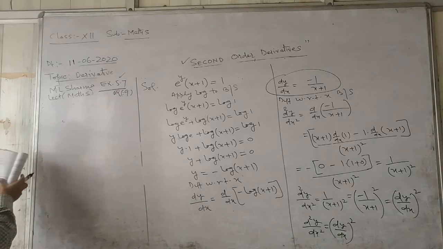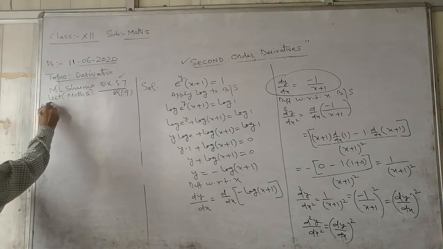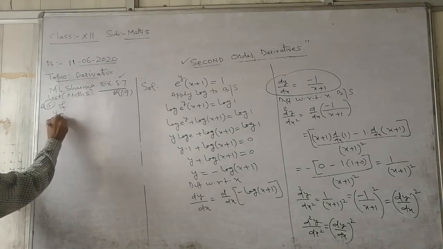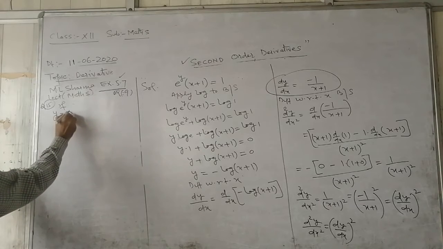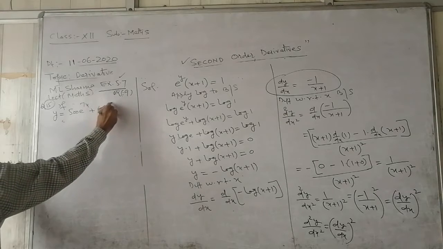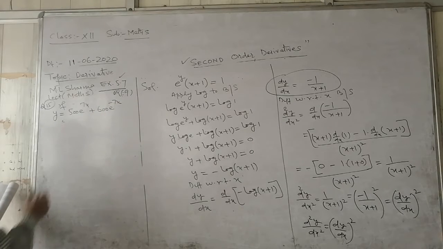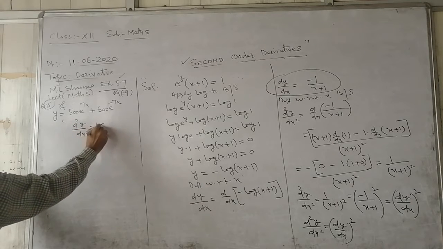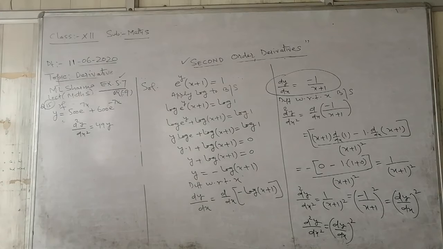Question says, if y equals 500 times e raised to power 7x plus 600 times e raised to power minus 7x, then we have to prove d2y dx2 equal to 49 times y. So this is a simple question. You have to find the second derivative. That is, this function is to be differentiated 2 times.